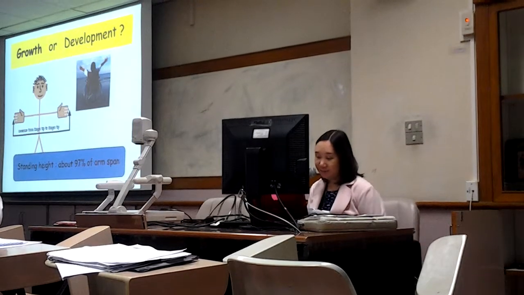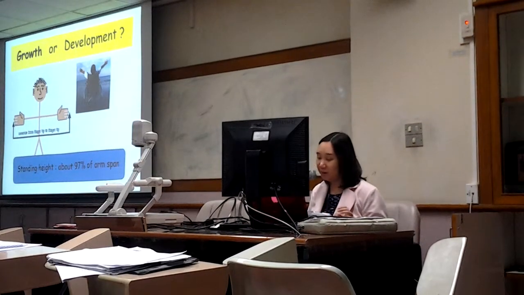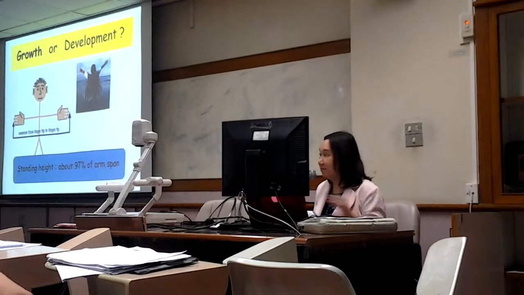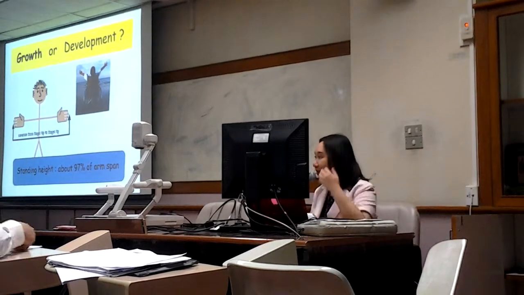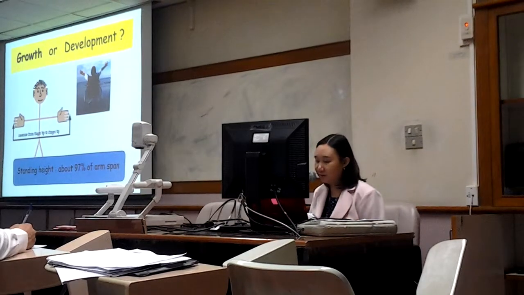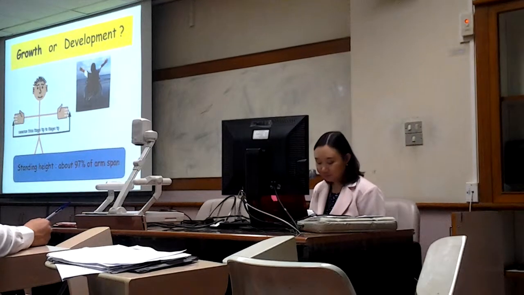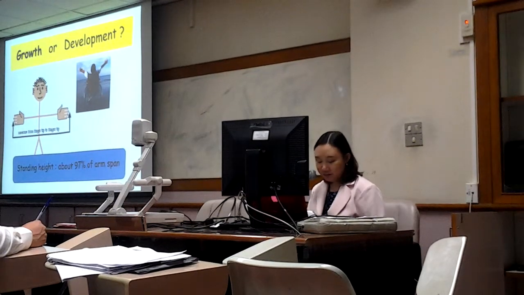Okay. The standing height is about 97% of arm span, so it's nearly equal. I think you can use this option instead of height, especially for the patients I'm talking about.